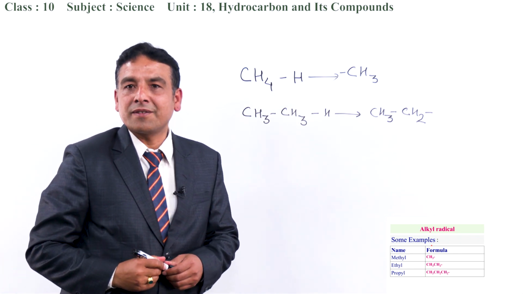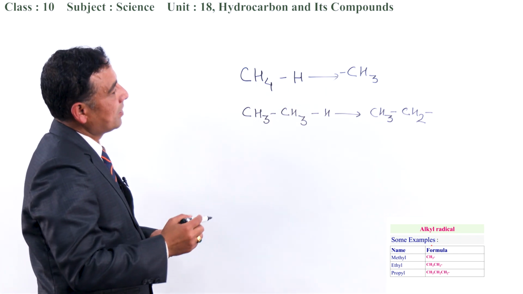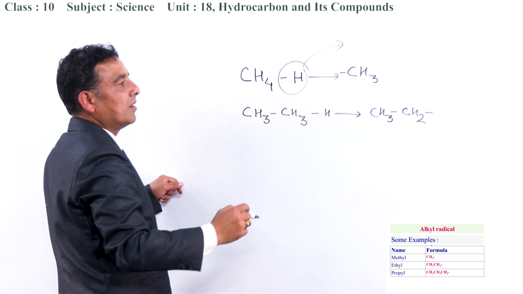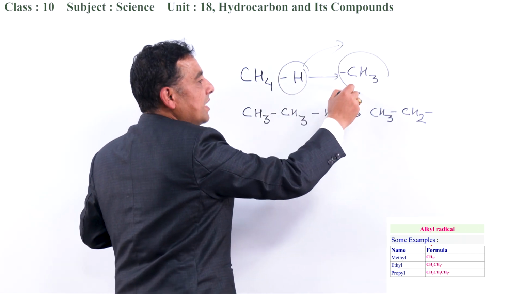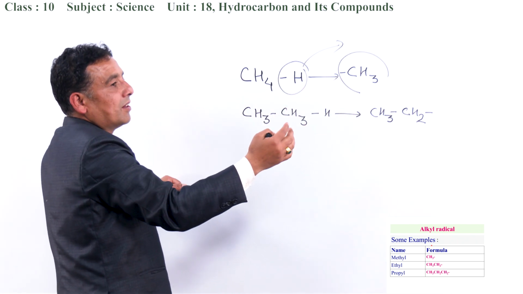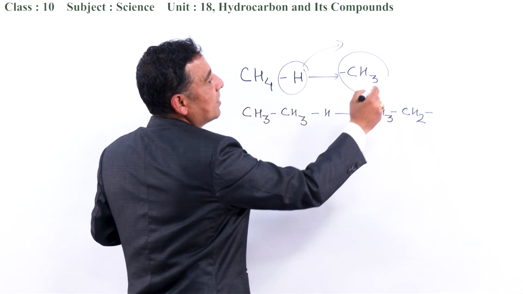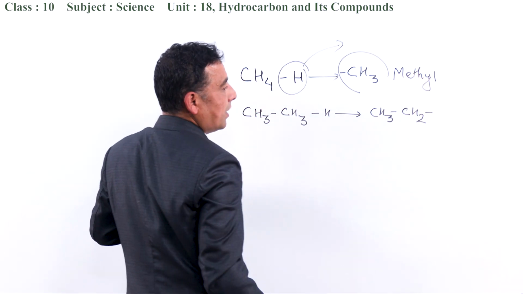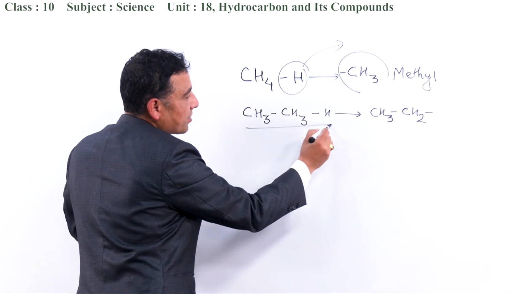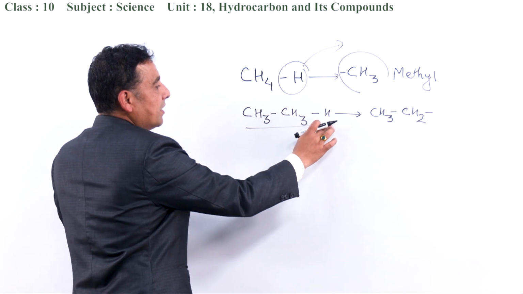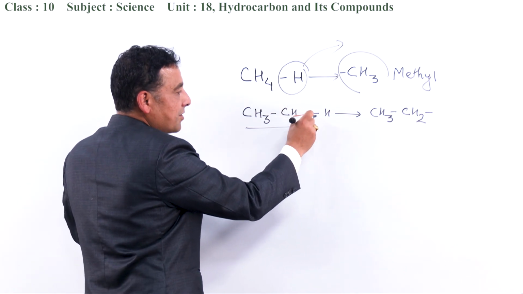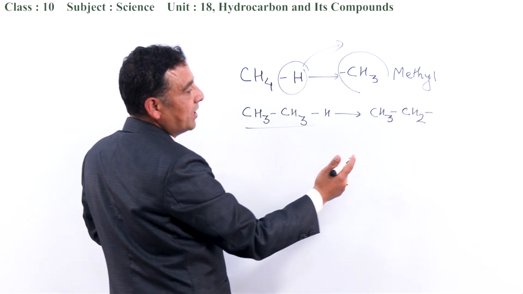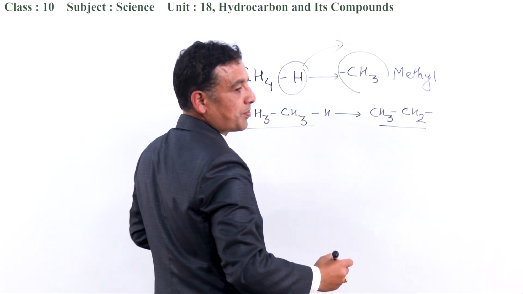So for this, if one hydrogen atom is removed from methane, the remaining product is called the methyl. As well as from ethane, this is the structure of ethane, and if one hydrogen from ethane has been removed, then obviously you will get this structure, this product.